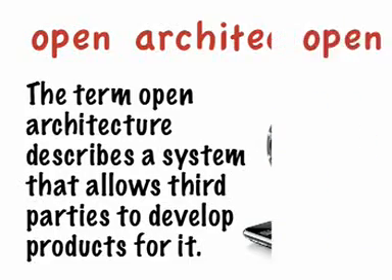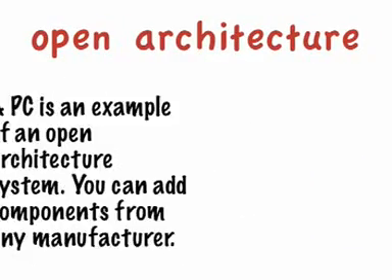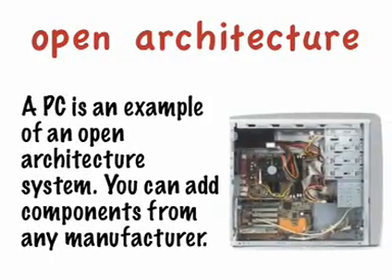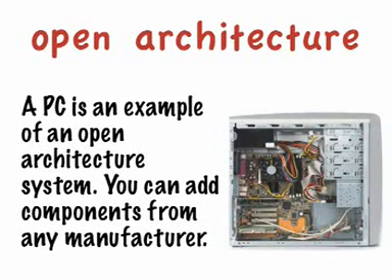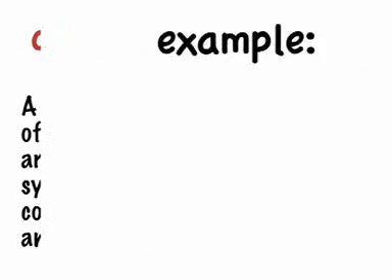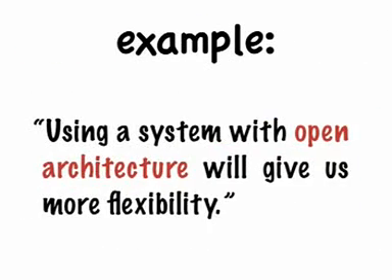A PC is an example of an open architecture system. You can add components from any manufacturer. Using a system with open architecture will give us more flexibility.